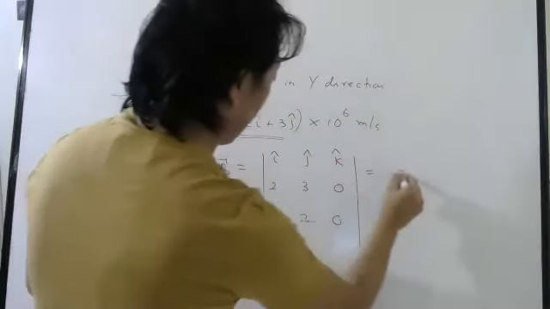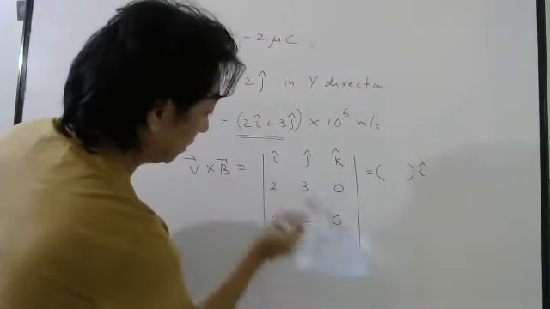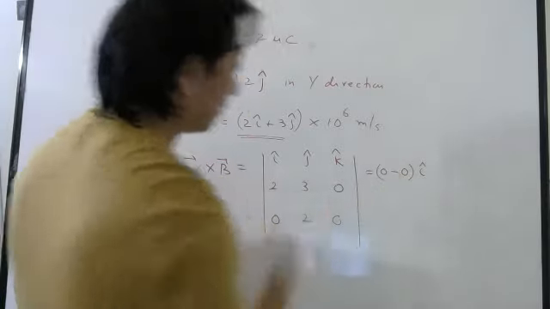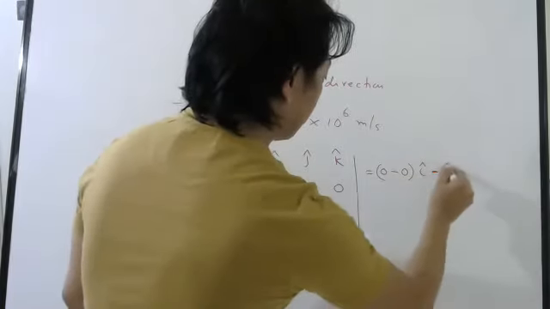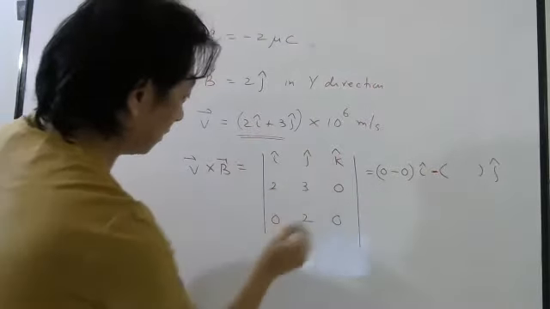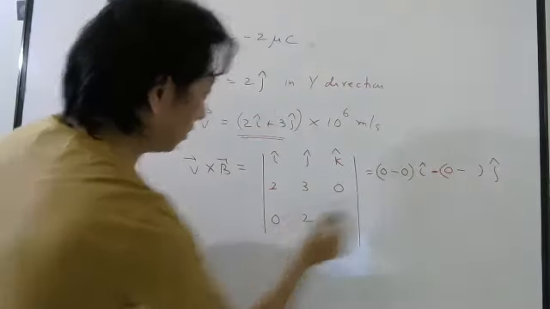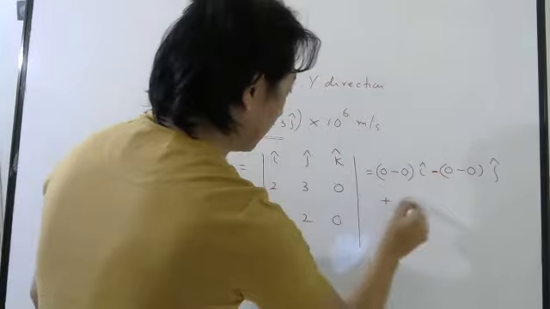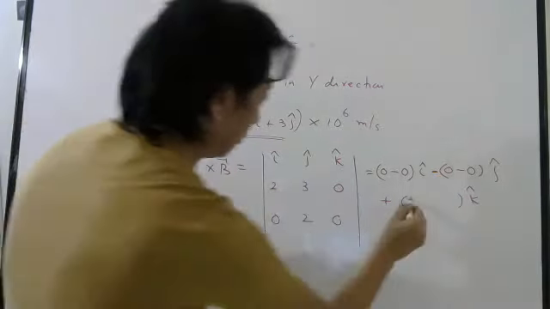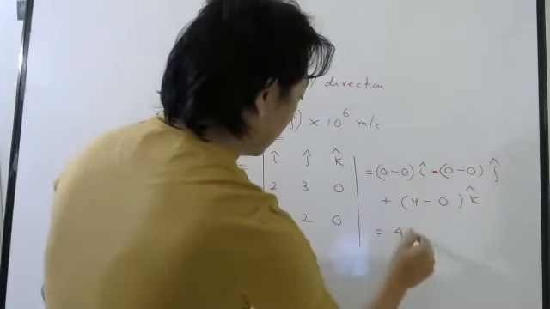For i cap, what will be the component? 3 into 0, 0, minus 2 into 0, 0, right? Then minus j cap. j cap means this you have to remove. Then multiply 2 into 0, 0, 0 into 0, 0. Then plus k cap. For k cap, 2 into 2, 4, minus 3 into 0, 0. So this will be 4 k cap.